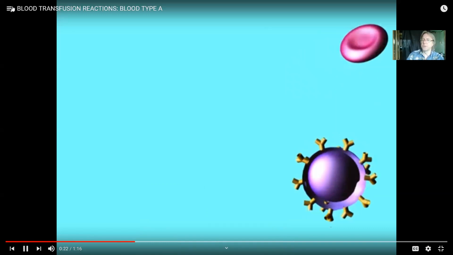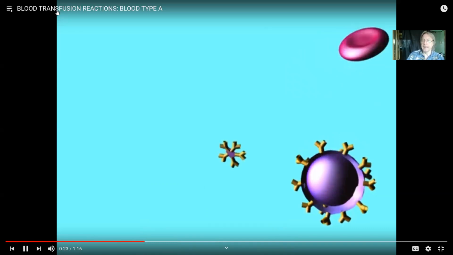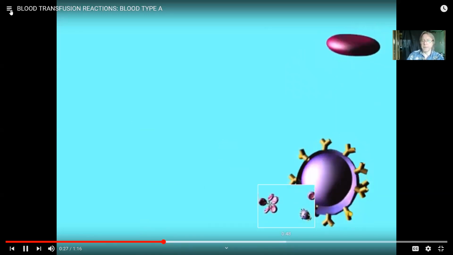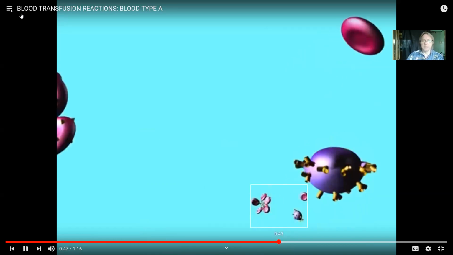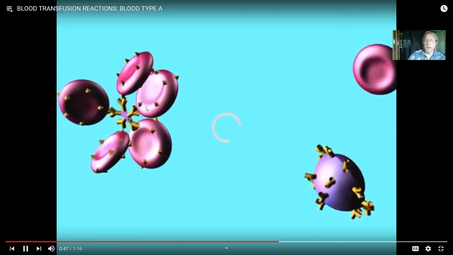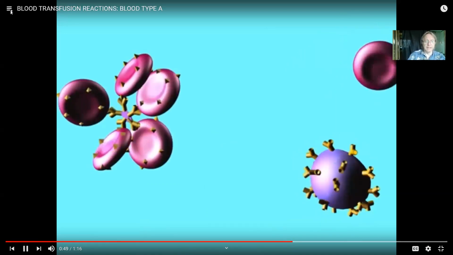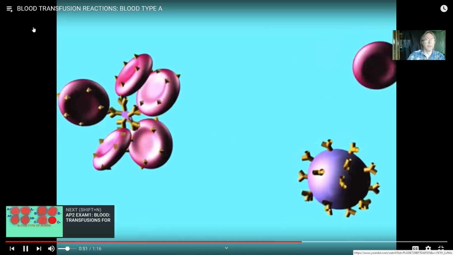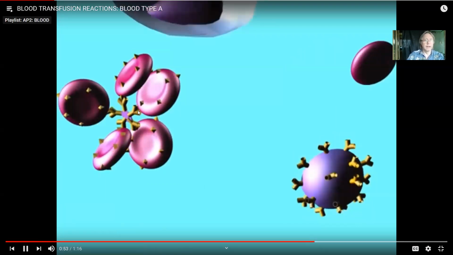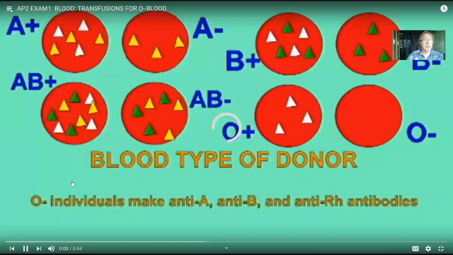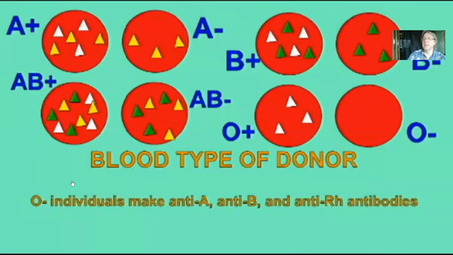So if then I were to get blood type A as a transfusion, that's bad, because now all of the incoming blood can get stuck together in this clumping. Once again, white blood cells can come together, and let me just jump to the video. Clumping is bad.